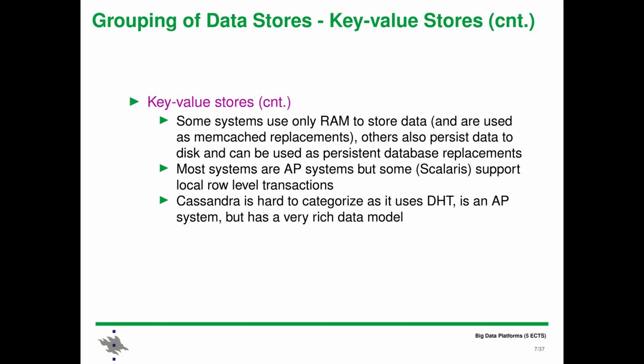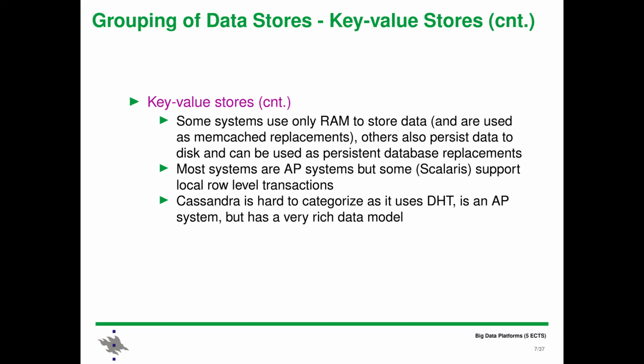Some other things that these key value stores have is that some systems only use main memory to store data, and thus are basically cache replacements. For example, Redis is quite often used in a mode where it's basically just a cache.